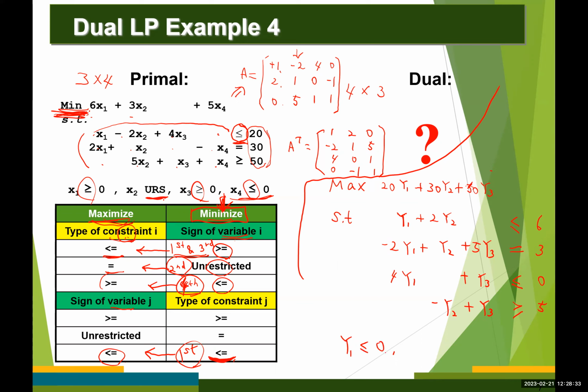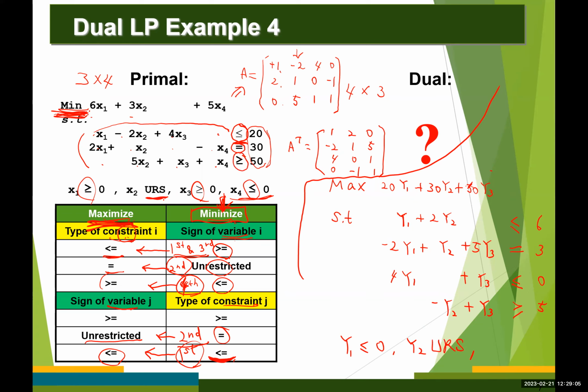Okay. Similarly, the second constraint in the minimization problem is an equation, which implies that in the maximization problem, the second variable has no sign restriction. So y2 is unrestricted in sign, okay?